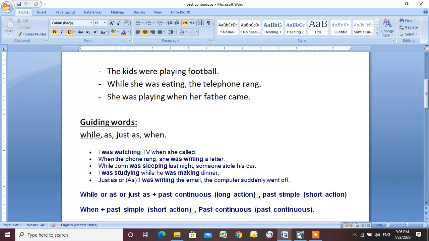And the same as while is just as or as. Just as I was writing the email, the computer suddenly went off. Can I put while in the beginning of the sentence? Yes. I can say someone stole John's car while he was sleeping. So we keep the order as it is, although you switch the sentences.